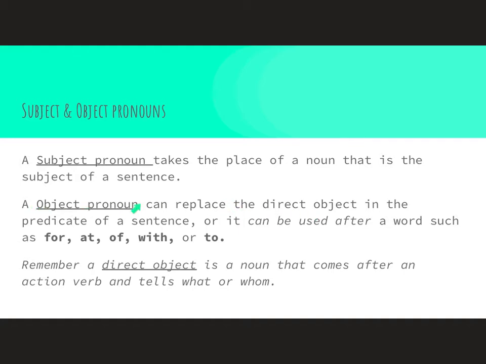That's what an object pronoun is. It replaces the direct object in the predicate of a sentence, or it can be used after a word such as for, at, of, with, or to. Just a reminder, a direct object is a noun that comes after an action verb and tells what or whom.